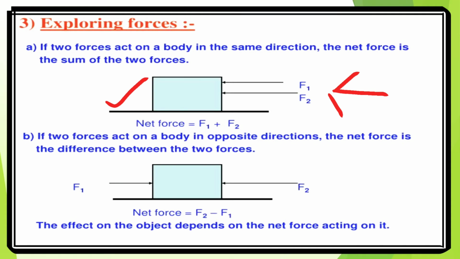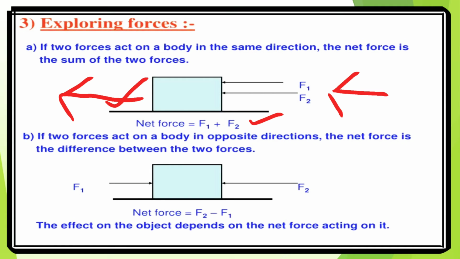By showing this arrow you can see both forces are applied from the same direction. In such a way this block will move in this direction. So here the net force is F1 plus F2 because two forces are being applied from the same direction.